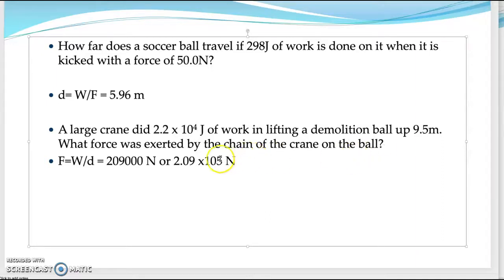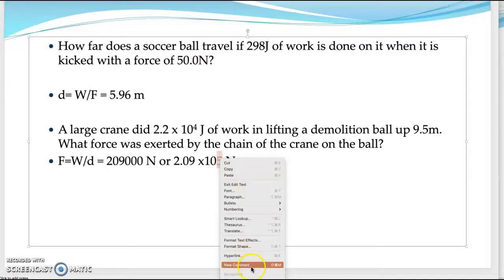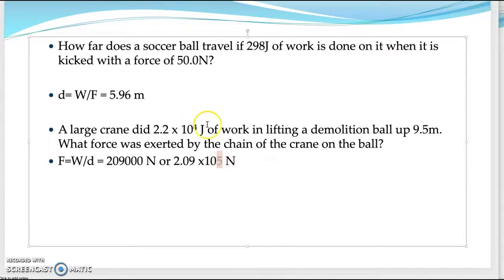So again, make this superscript. Let me see if I can remember how to do that. No, I can't remember. I'll have to look that up. Oh, found it. Here it is. So there's your final answer.